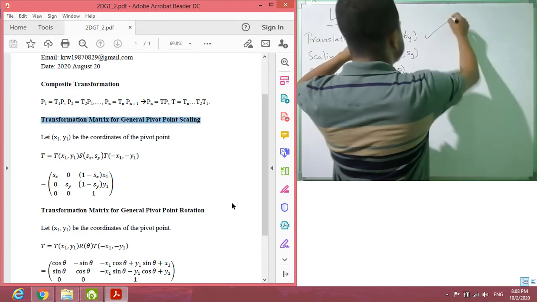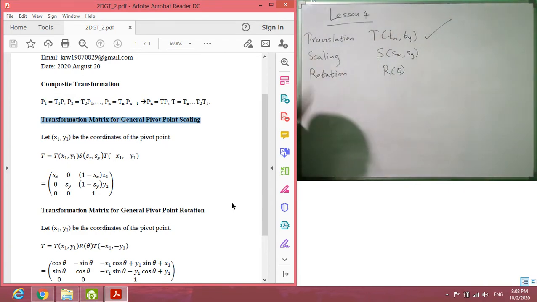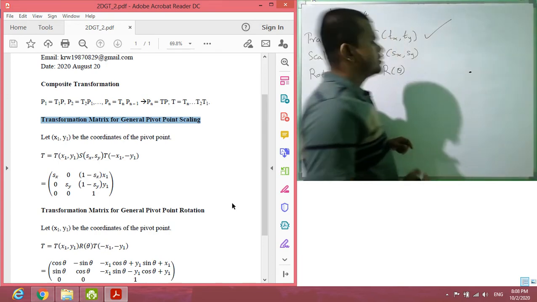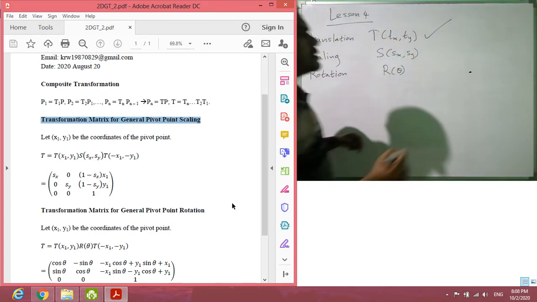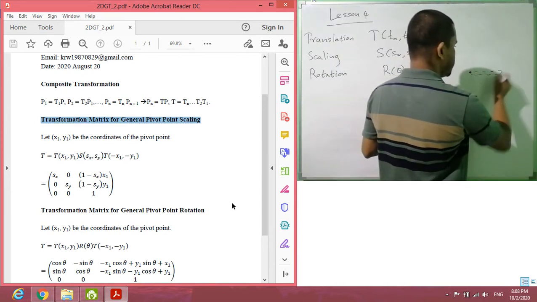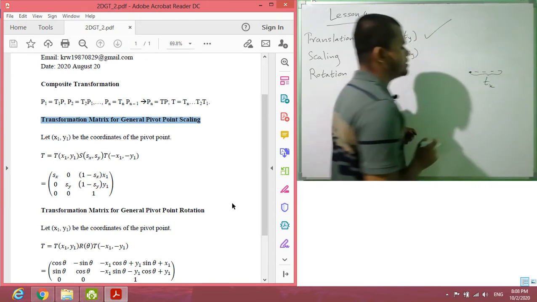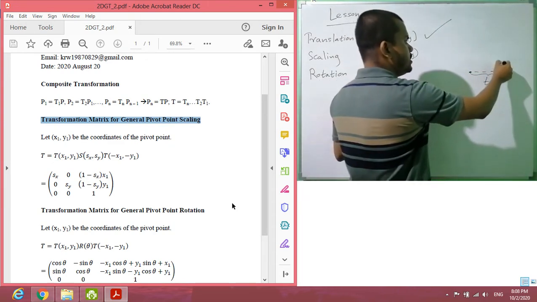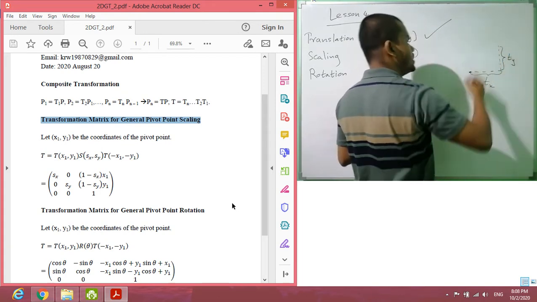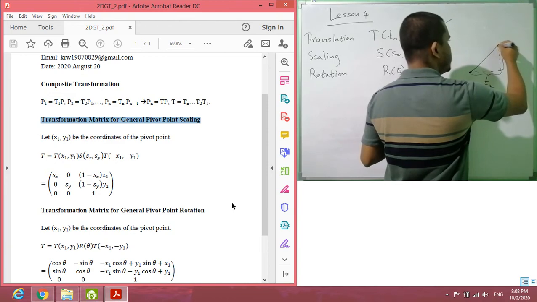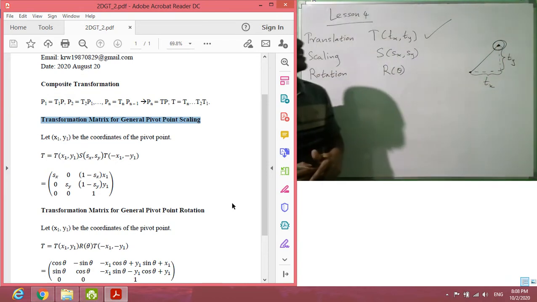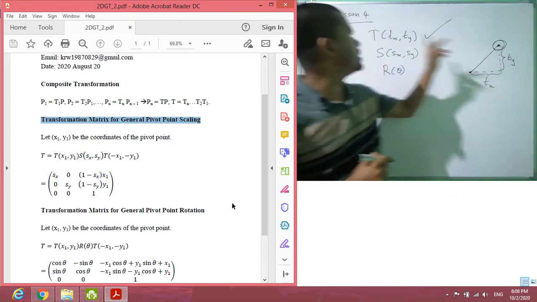Translation is okay. We have a particular point, then Tx amount along the direction of the x axis, and Ty amount along the positive direction of the y axis, and then we get the new position after applying this matrix.